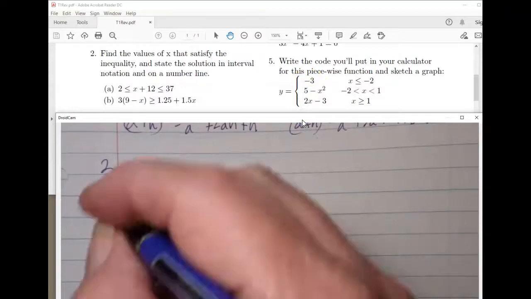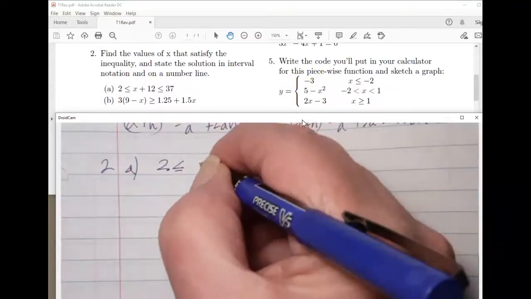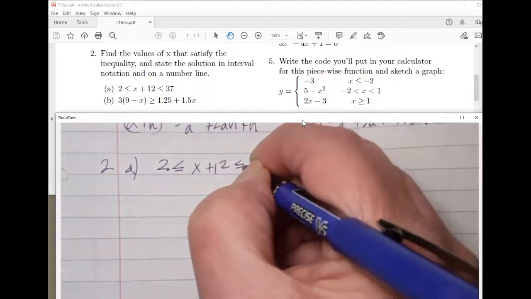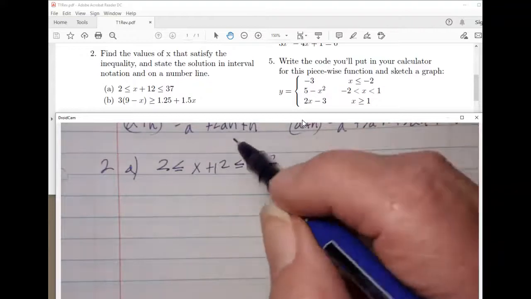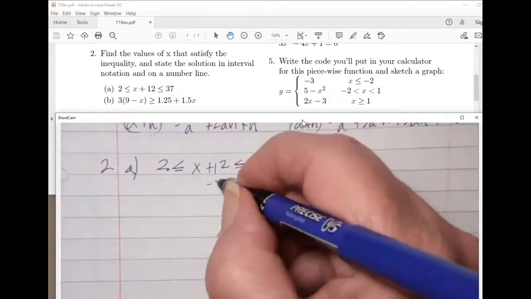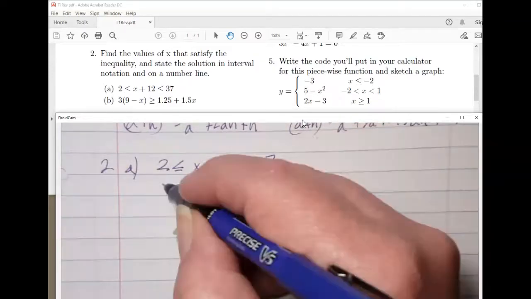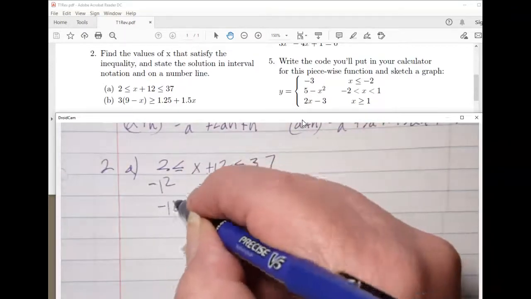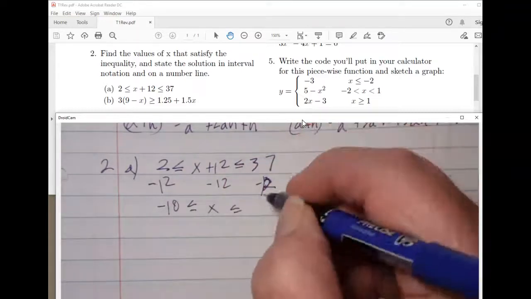So we have, for part 2a, 2 is less than or equal to x plus 12, which is less than or equal to 37. To solve an inequality, that means I want to get the x by itself. So I'll subtract 12 from all three sides. I get negative 10 is less than or equal to x is less than or equal to 25.